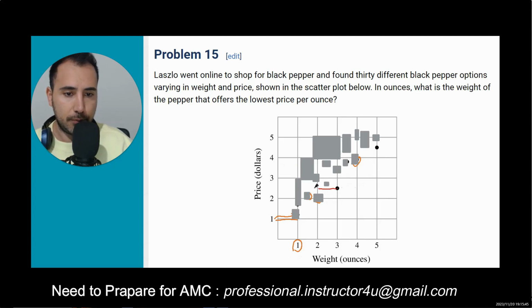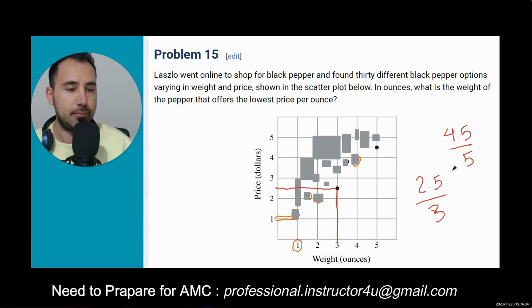So this one was 2.5 almost for 3 ounces, okay? The other one, look at this one. It will be $4.5 for 5, okay? So now you have to decide which one is actually cheaper.